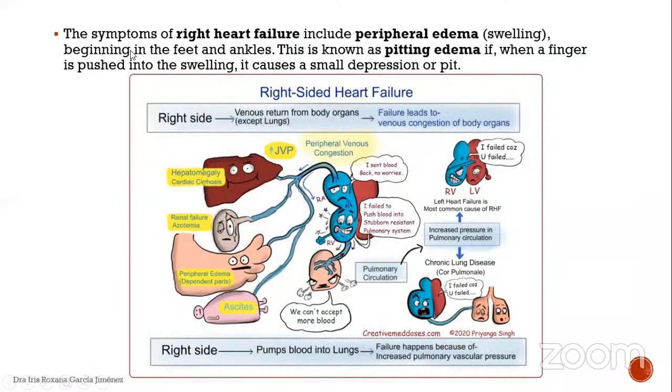And we have this. The symptoms of right heart failure include peripheral edema, the swelling, okay? Beginning in the feet and ankles. This is known as pitting edema, if, when a finger is pushed into the swelling, it causes a small depression or pit.